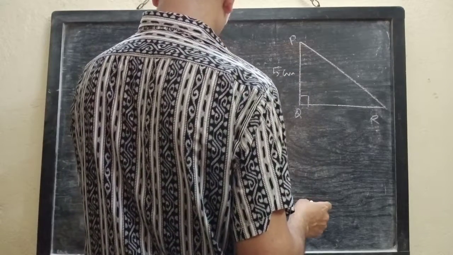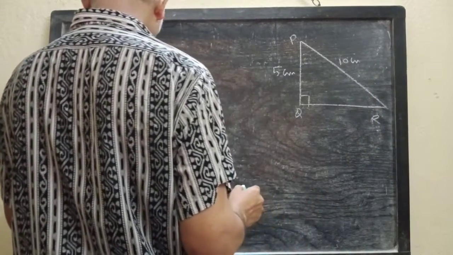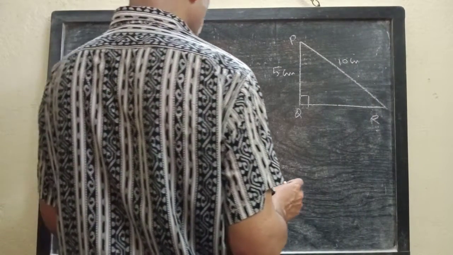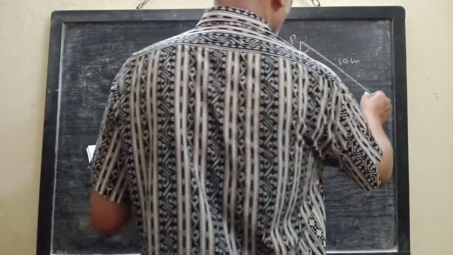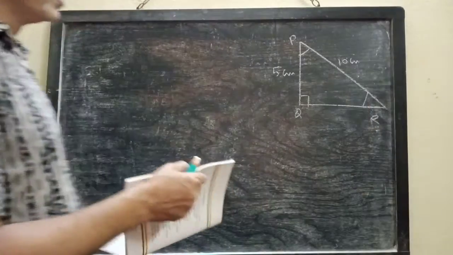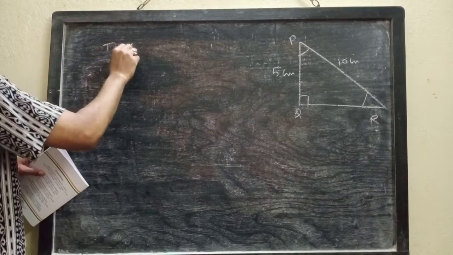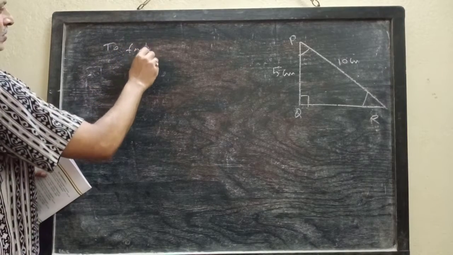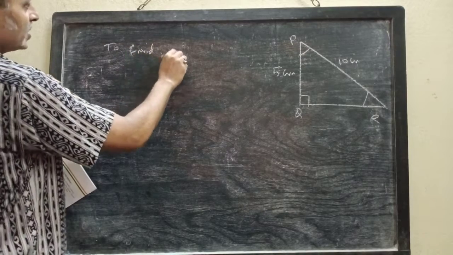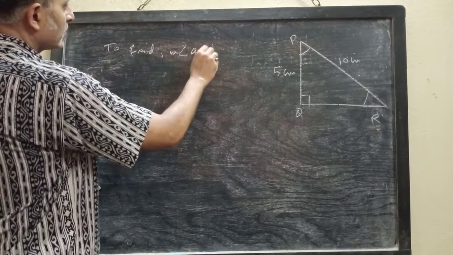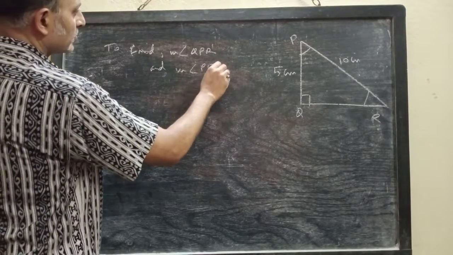PR is of length 10 cm. Find the measure of angle QPR and angle PRQ. You have to find the measure of these two angles.